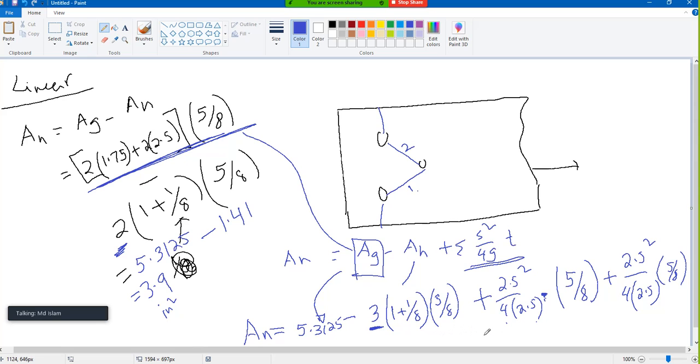I got the entire result 3.98. Maybe my calculation is wrong. No, it should be right. I don't know. But at least you know what I am doing.